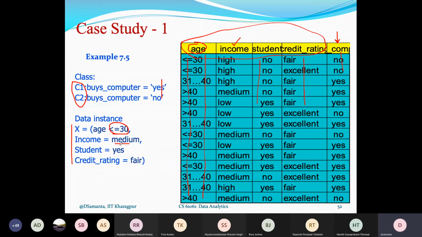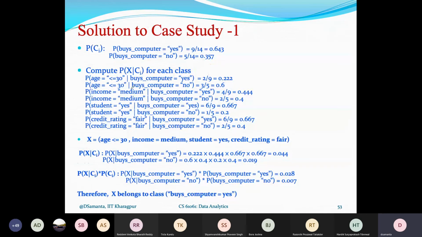Income is medium, student is yes, credit rating is fair. So these are the values of the attributes for a given test data, and we want to predict which class this test data belongs to, C1 or C2, yes or no.